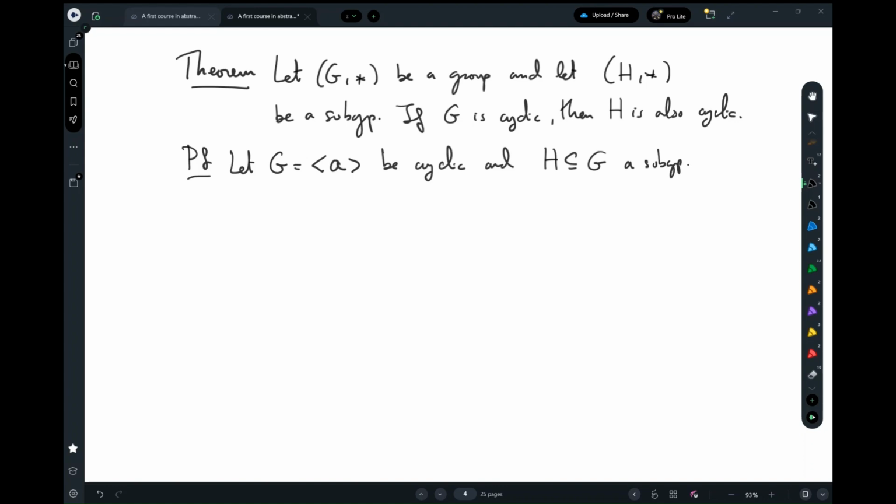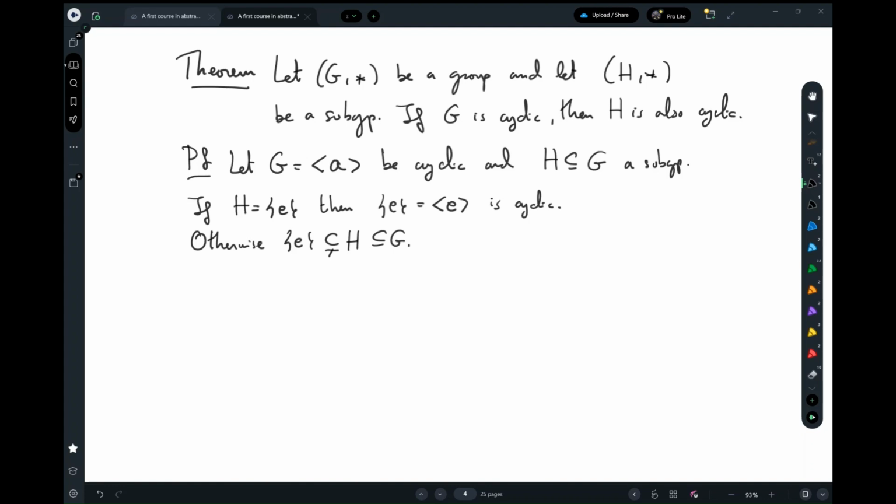Now, if H is just the trivial subgroup, then this is cyclic. The trivial subgroup is generated by e itself, so that is cyclic. So now we can assume that H is not the trivial subgroup. So otherwise, we have {e} is contained but not equal to H, and that's contained in G.